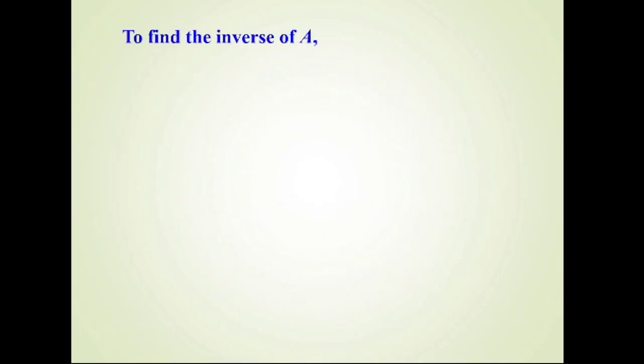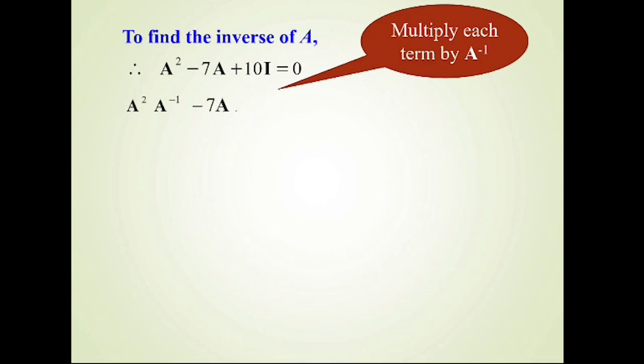To find the inverse of A, this is our equation. And then we have to multiply each term by A inverse. So choose one side. Let's say you want to multiply with A inverse on the right side of each of the terms. So put A inverse on the right side of each of the terms.